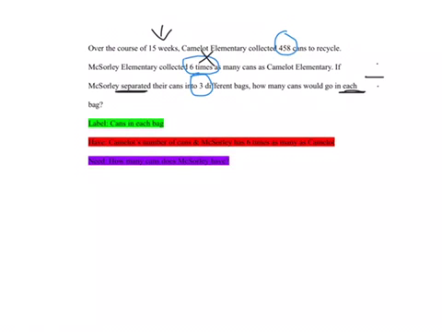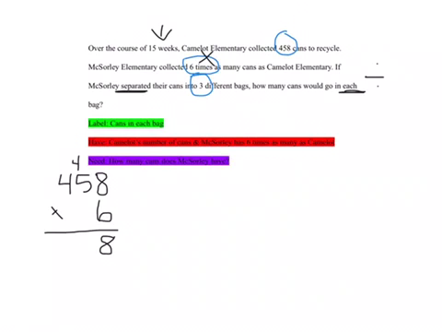Okay, so step 1. I have to figure out how many cans McSorley has. So I'm going to multiply 458, the number of Camelot's cans, times 6, because McSorley got 6 times as many cans as Camelot. 6 times 8 is 48.